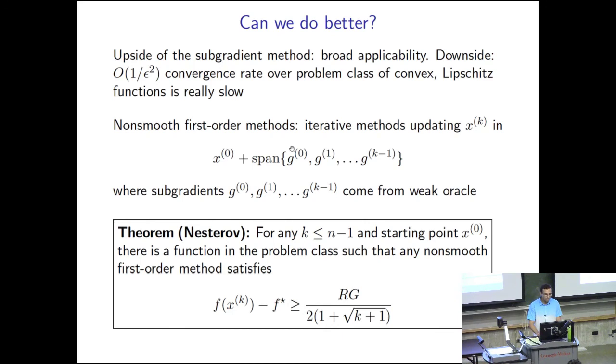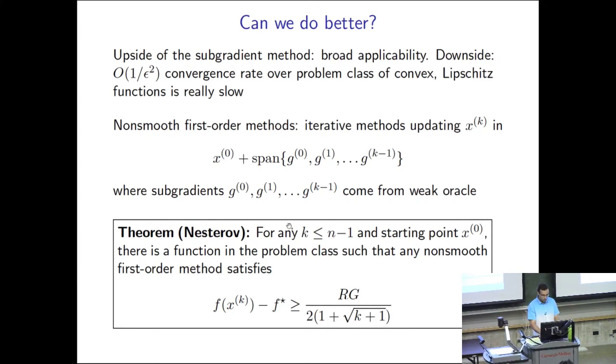Now we're looking at a case where the function is not differentiable, so the most natural thing to do is replace this with subgradients. What I mean by weak oracle is that you don't have a choice of the subgradients. Somebody is just giving you a subgradient. You don't get to pick which one. It's more pessimistic, but in some sense it might be more realistic, because in some settings it might be difficult to compute all the subgradients. You just know how to compute one.